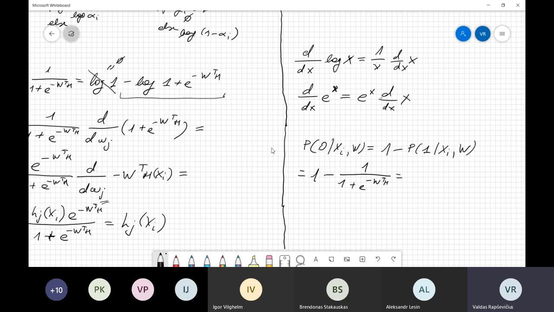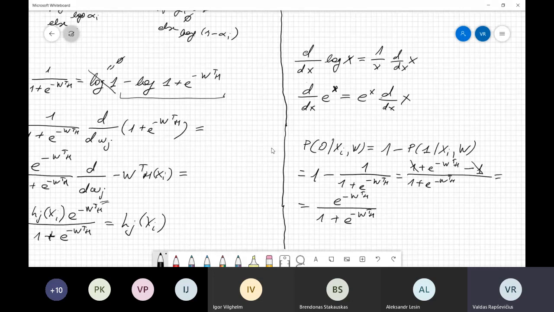So we simplify this: 1 plus e to the minus wTh, 1 plus e to the minus wTh, and this is minus 1. So all of this equals 2, these two go away, and all of this equals e to the minus wTh divided by 1 plus e to the minus wTh.